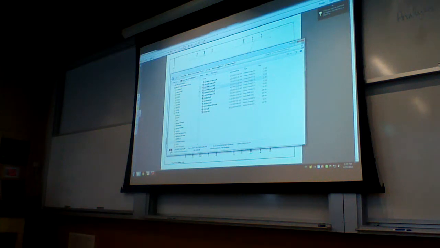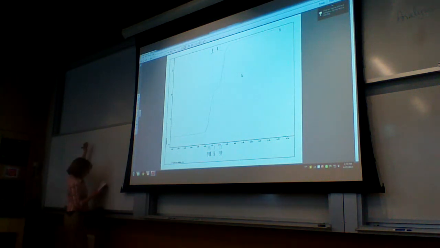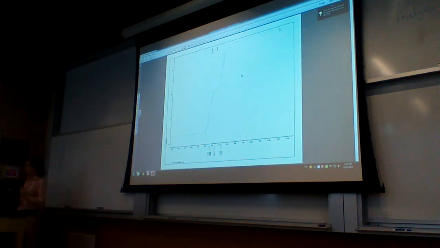Then we get to a doublet at 4.5, and we have 2 coupling constants for this one. So this is B, with 0.92 and 6.41 for its coupling constants.